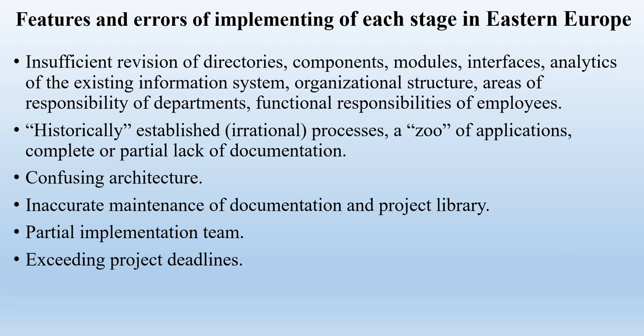Second, the main difficulty of implementing an ERP system is the historically established process, with potential lack of documentation, ranging from user instructions to regulations. Put things in order in architecture and documentation. Many companies use home-written software, and often the documentation and employees who were at the origins of its development are no longer available. The project team should have broad powers, and the support and participation of the company's top management.